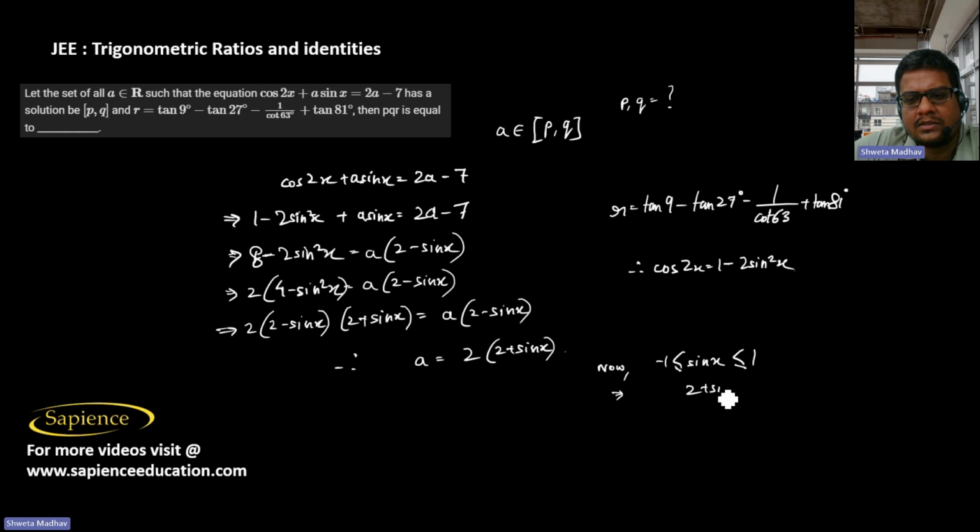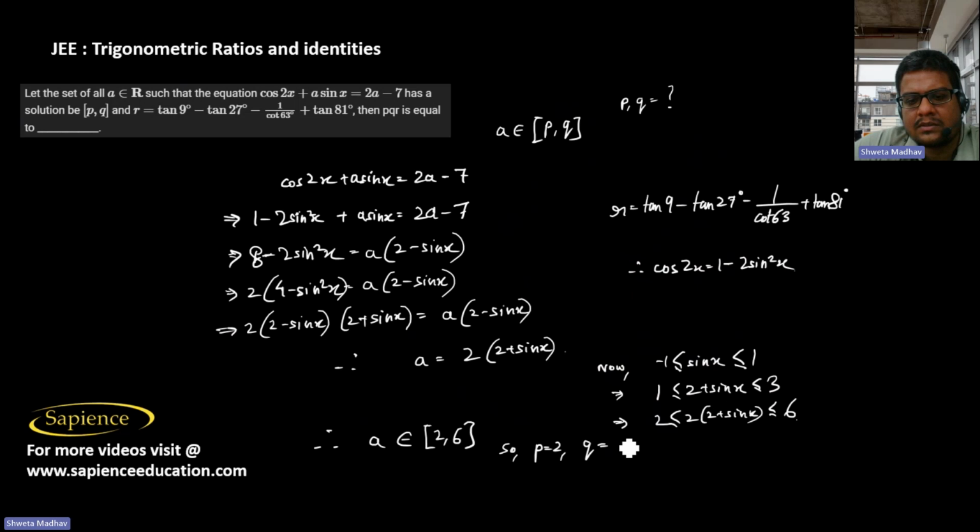So therefore 2 plus sine x will go from 1 to 3. So 2 into 2 plus sine x, that value will go from 2 to 6. So therefore the value of a will belong to the closed interval 2 to 6. So I can say the value of p is 2 and q is 6.